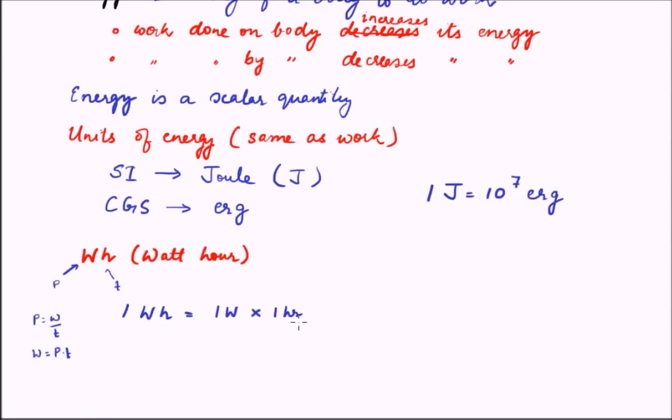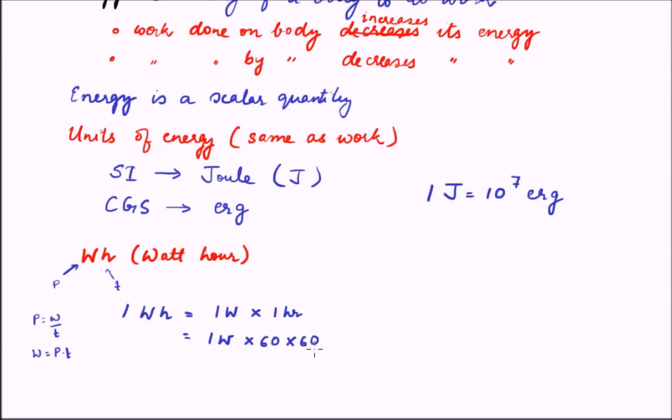Now 1 hour is not the SI unit of time. We have to convert 1 hour into the SI unit of time. Then we can write 1 watt is the SI unit, so no need to change that. But 1 hour is 60 minutes, and each minute has 60 seconds.